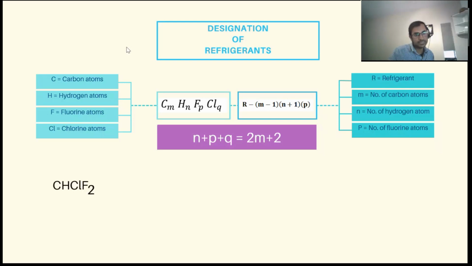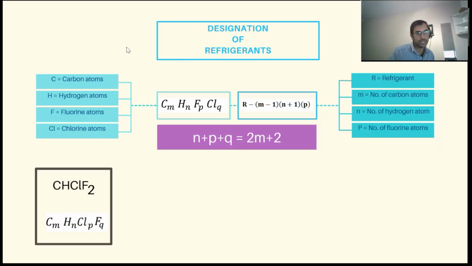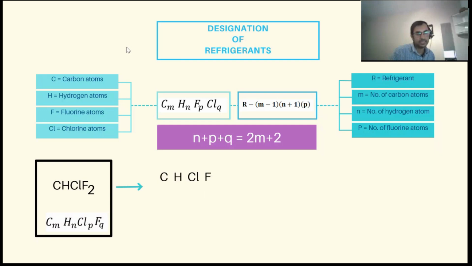Let us take an example, CHClF2. If we compare with our format CmHnClpFq, we can write C1, H1, Cl1 and F2. Simply we are comparing with CHClF2.